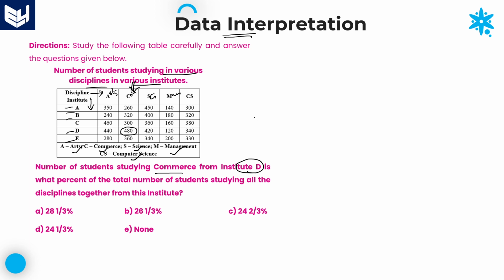That particular value 480 is what percent of the total number of students studying all the disciplines together in this institute.